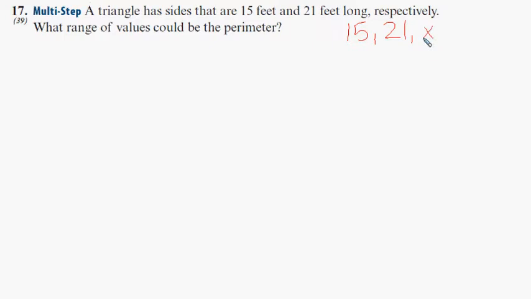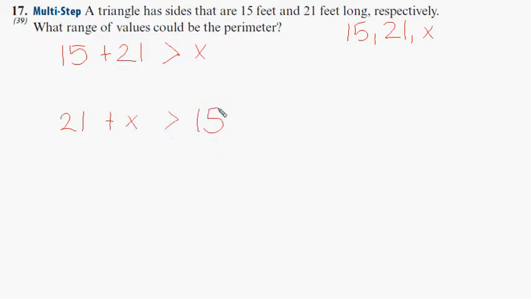So there's really three things that could be going on here. We could have 15 plus 21 as the shortest sides, and then those two added together would have to be greater than x. We could have 21 plus x be the shorter sides, okay?